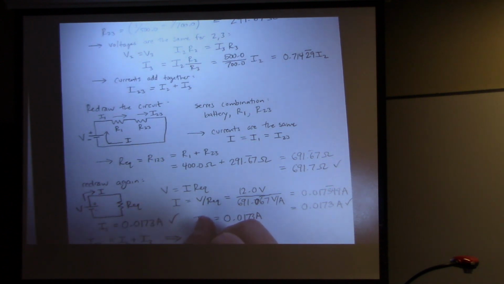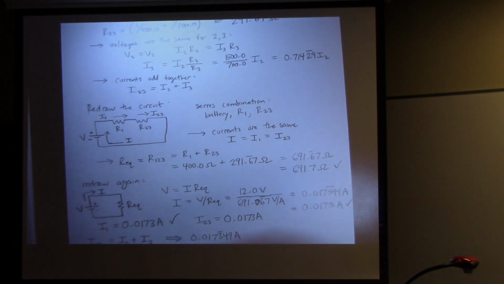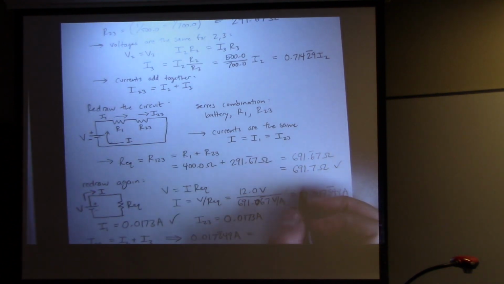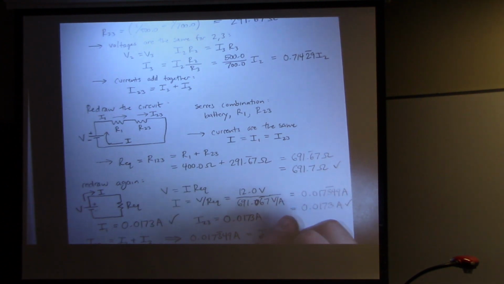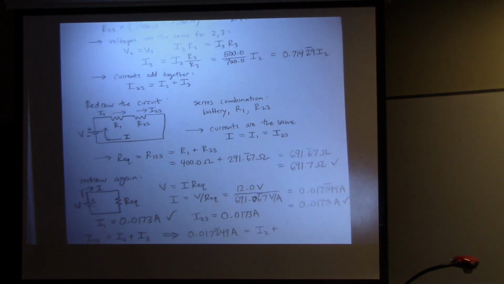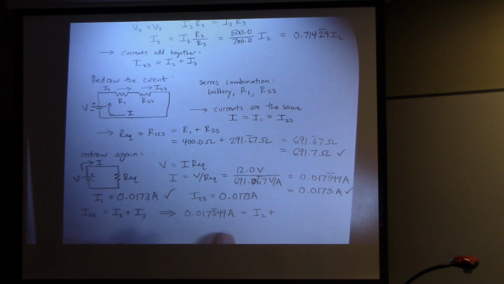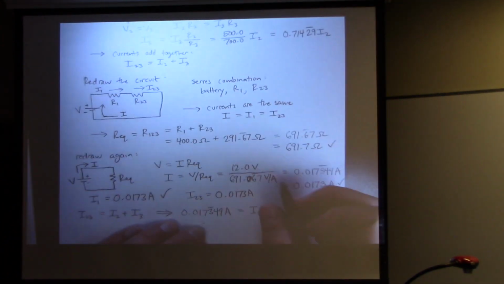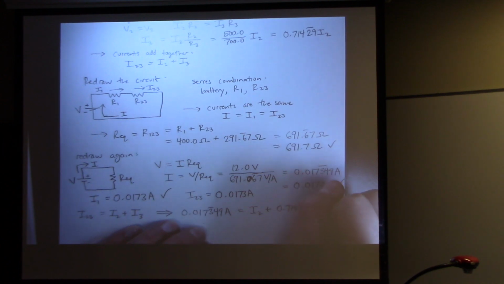I23 is equal to 0.017349 amps. That's equal to I2 plus I3. So we'll write I2 right there. But I3, again, we can sub out for 0.71429 times I2.